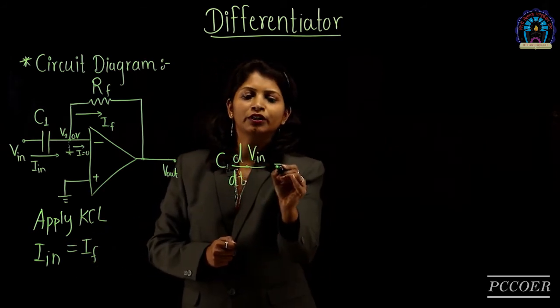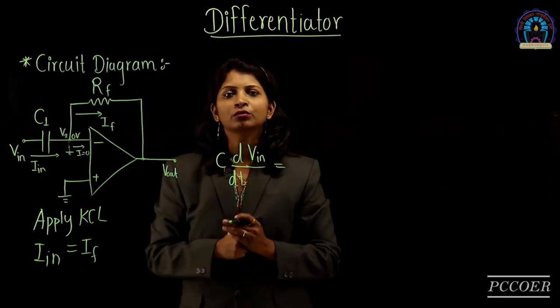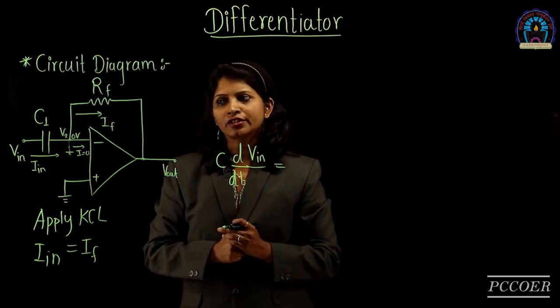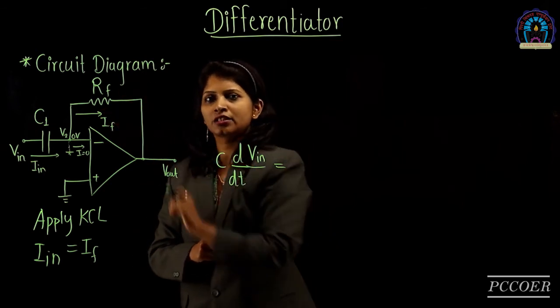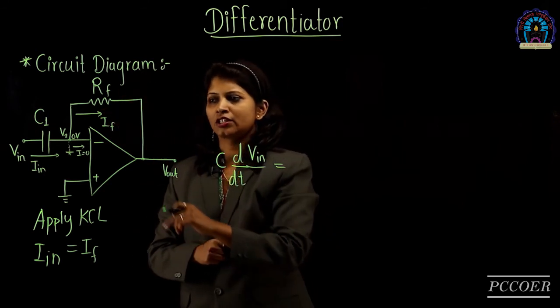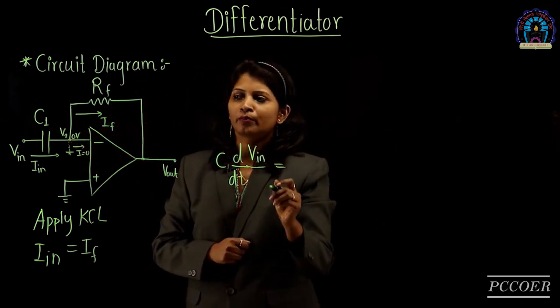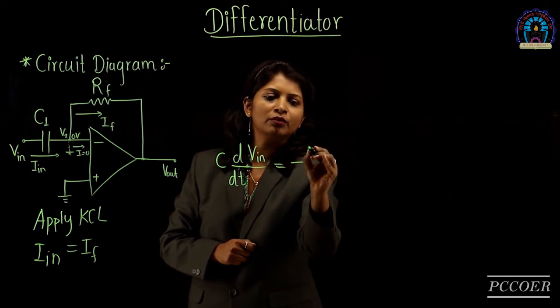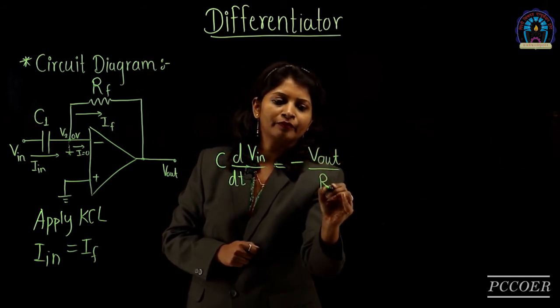This is equal to the If, that is the feedback current, the current flowing through the RF resistor. Its equation will be given by the voltage difference across the resistor divided by the value of the resistor, and the voltage difference is V2 minus Vout, but V2 is 0, so the equation will be minus Vout divided by RF.